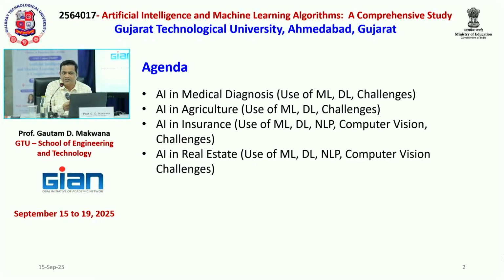And because of this, we need AI applications in all the domains and sectors for the betterment of human beings. Okay, and I will discuss what kind of ML and DL algorithms are used in this domain, and what the challenges are in this sector.